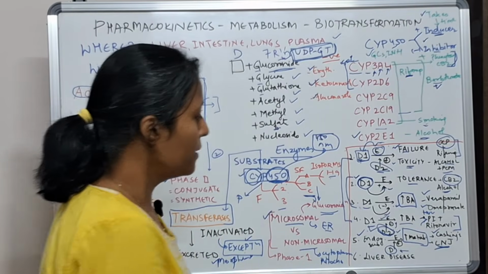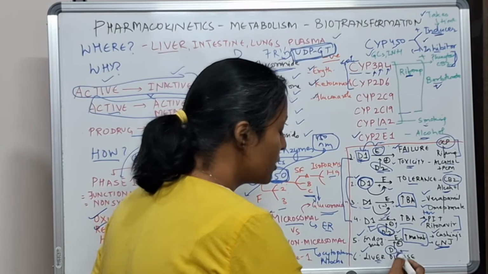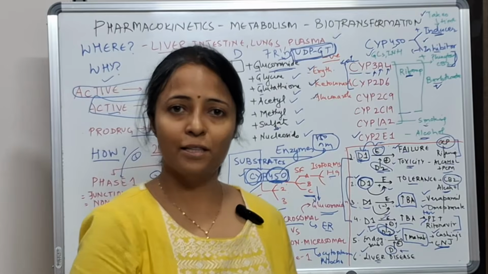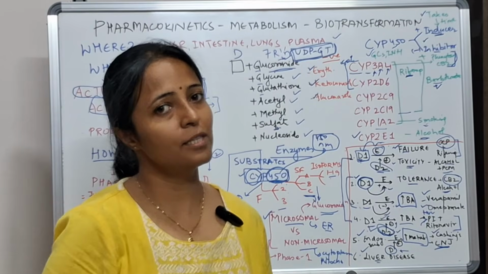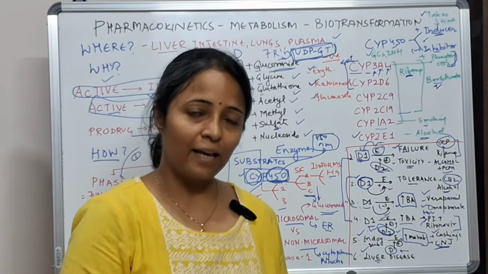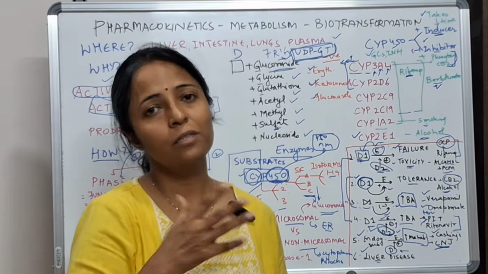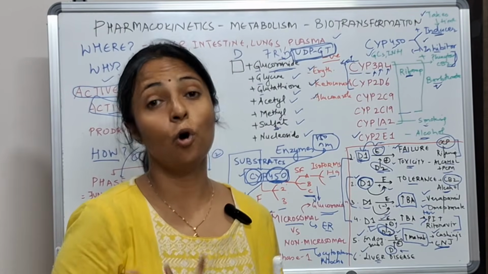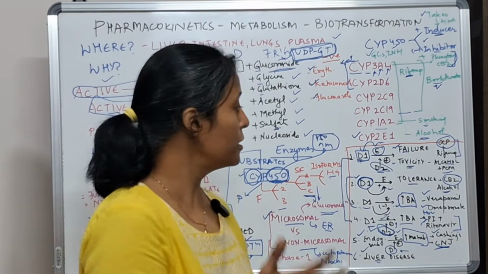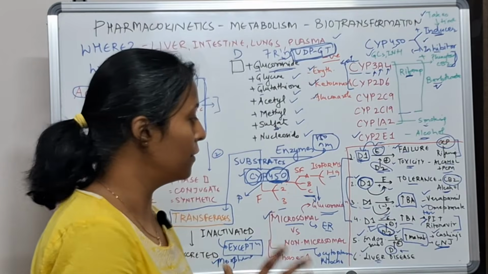Then if we have liver diseases, what is going to happen? You know, for all these enzymes, the main organ is the liver. So if liver disease is there, then the metabolism of the drugs will be affected. Hence, their active concentration will circulate in the body for longer duration, and it can lead to toxicity as well. So we have to change the dosing of the drug if there is liver disease.